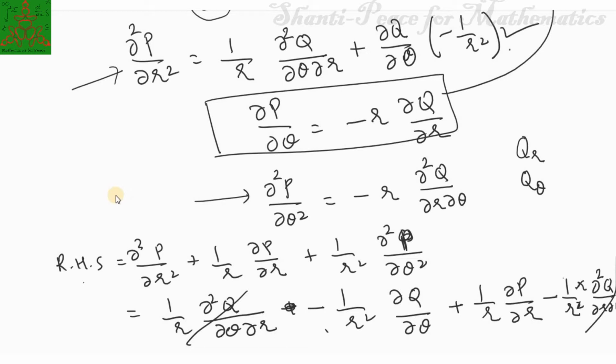And for these two, you just apply the Riemann equation, that is p r, you know that it is 1 upon r q theta.